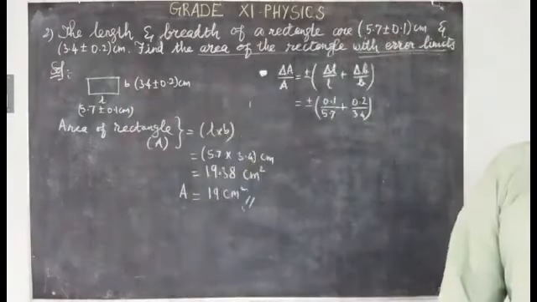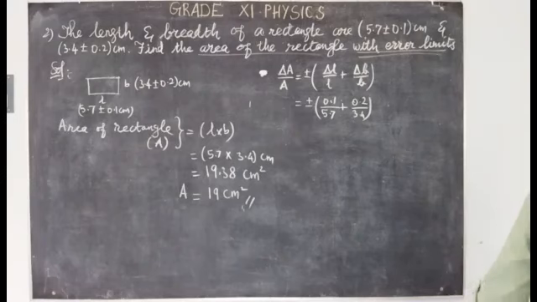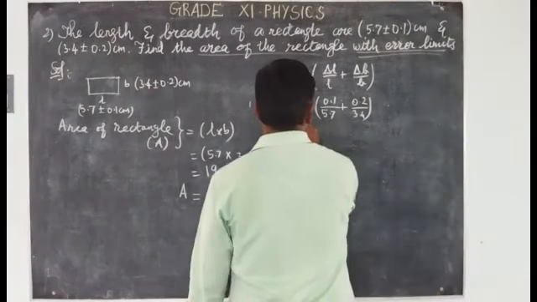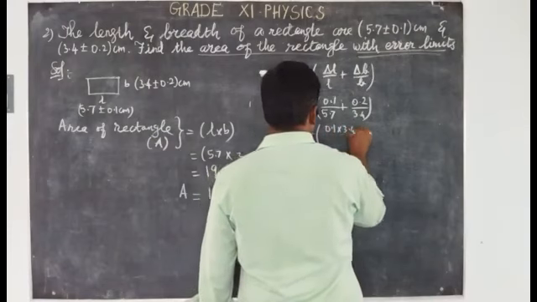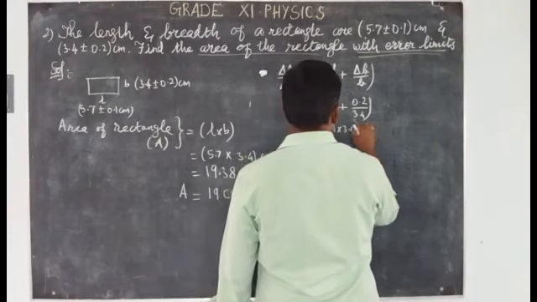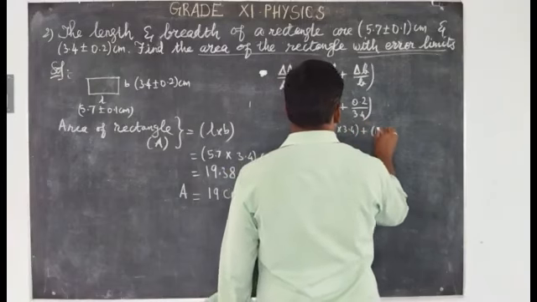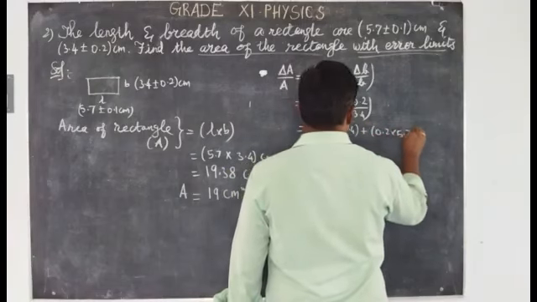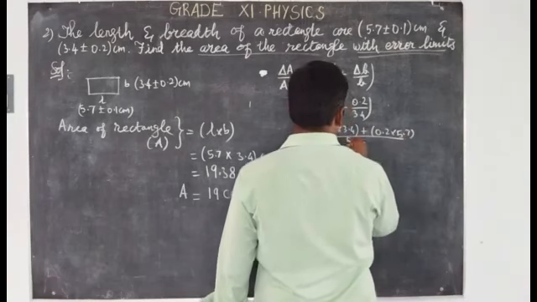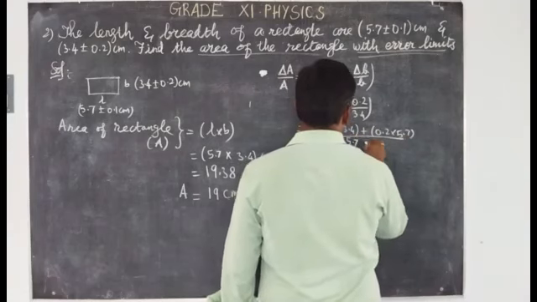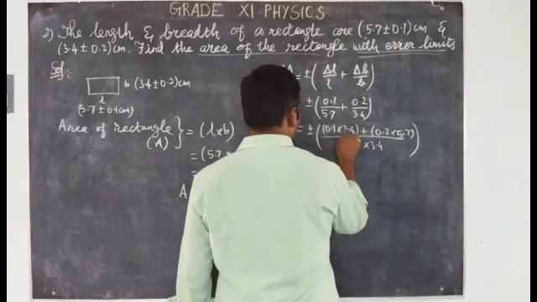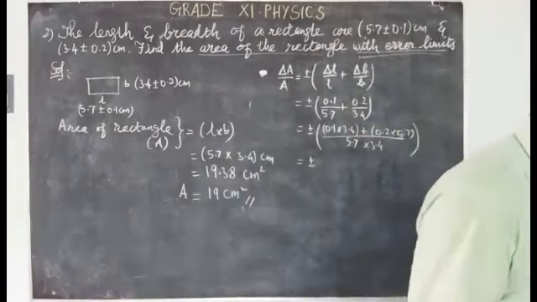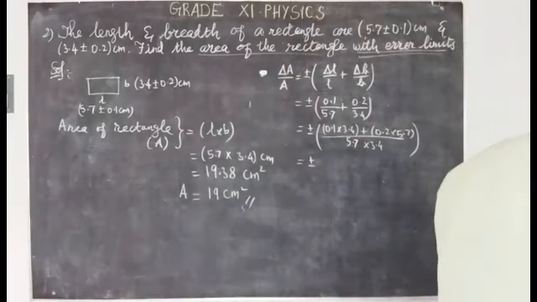Then using cross multiplication, finally we have plus or minus 0.1 into 3.4 plus 0.2 into 5.7 divided by 5.7 into 3.4. After the simplification, this is 0.34 and that is 1.14.